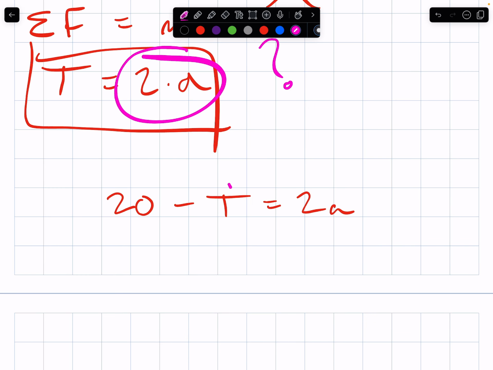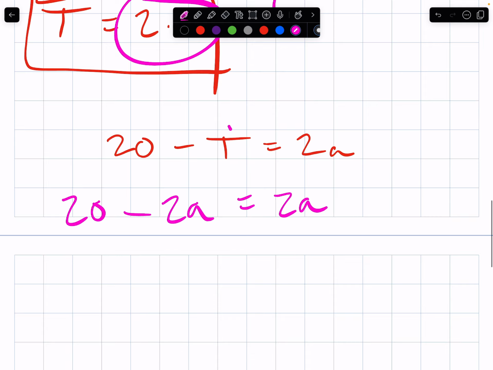So check it out. That means we end up with 20 minus, instead of T, I put in 2A. So 20 minus 2A is equal to 2A. And now there's just one unknown, and that's A. So we use algebra to get all the terms with A together and solve for A. So what do we do here to get all the A's together?